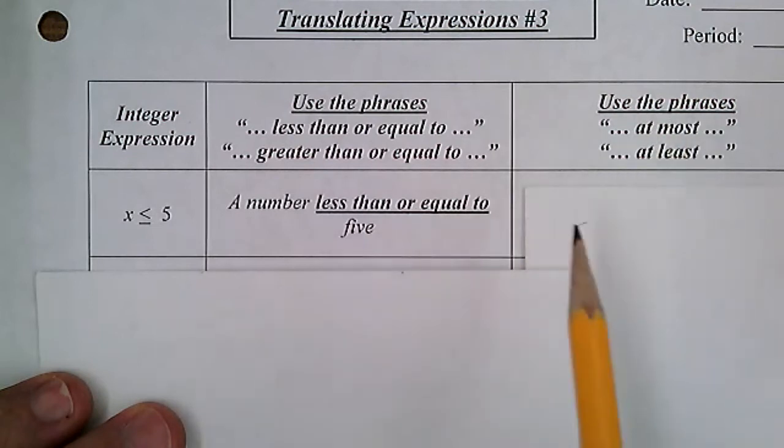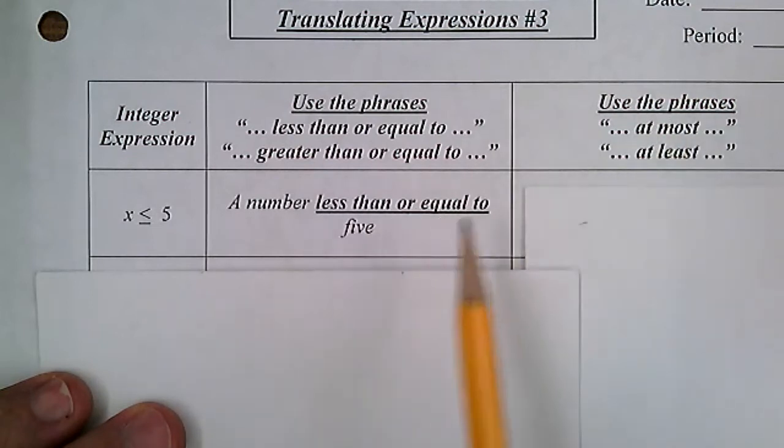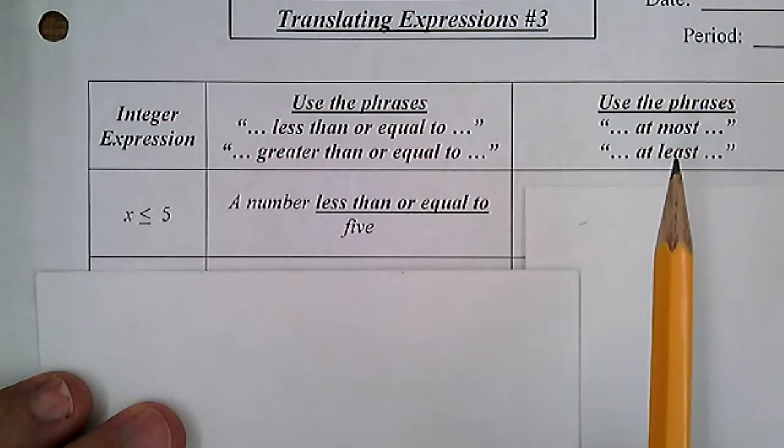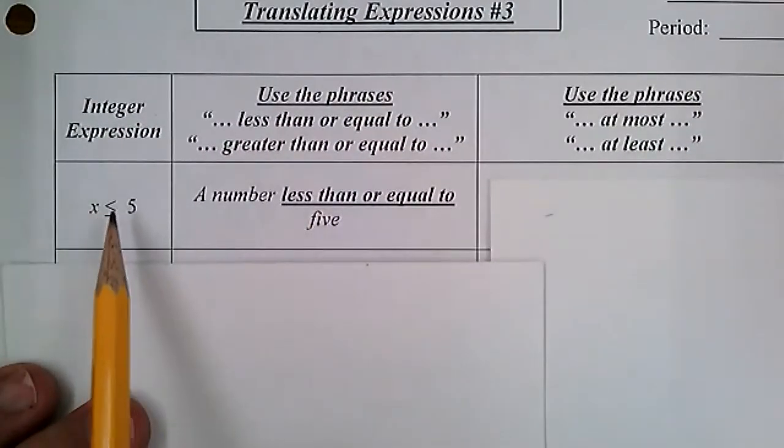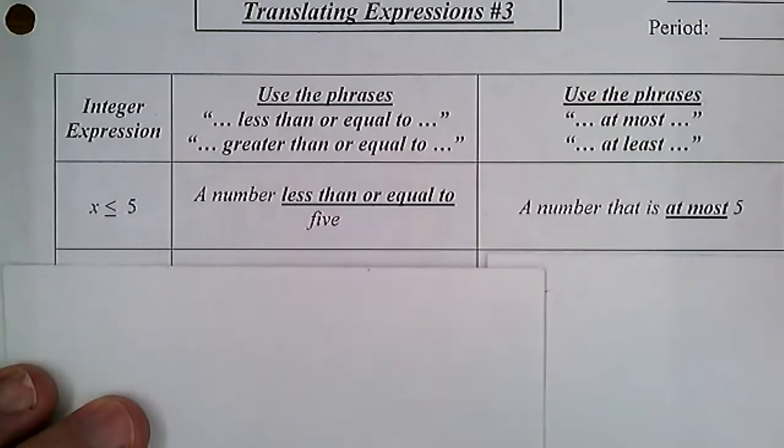And this is where we need to practice it. Many of you will probably say, oh, it's this one. But I just explained a moment ago that when we have this symbol, we're saying the most it could be is 5. A number that is at most 5. So this one goes with this one.